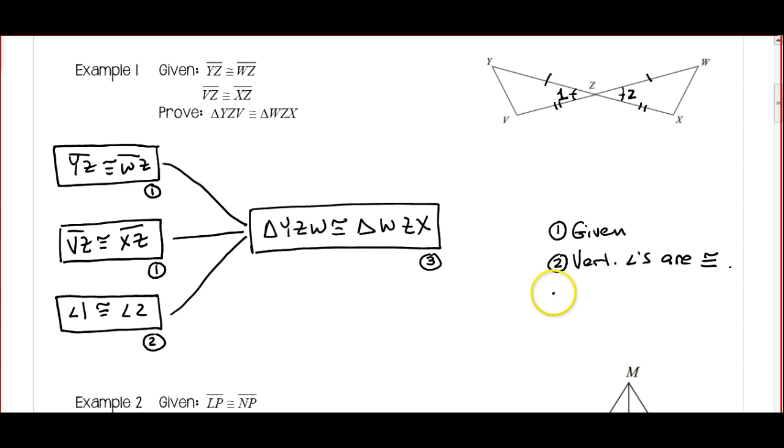And then we had one more number, number 3, and the reason that these triangles were congruent, now we can see in our picture, is by side angle side. And we don't really have to put any numbers of steps because there aren't really any steps. So you can see that these 3 reasons here flow to make the triangles congruent.